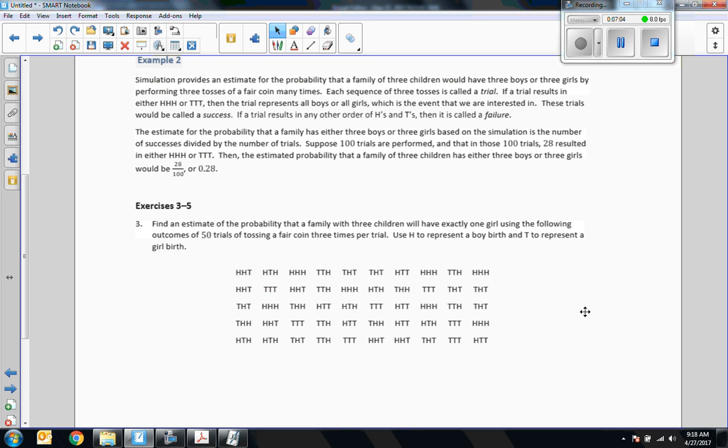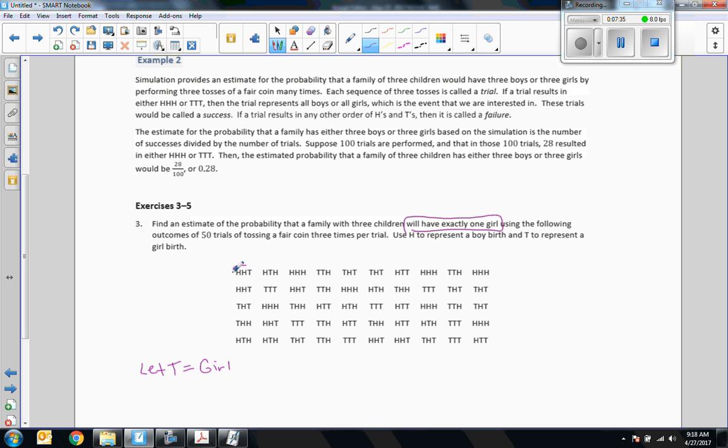They did a random trial, so this is an estimate. We want exactly 1 girl, so we let T equal girl.